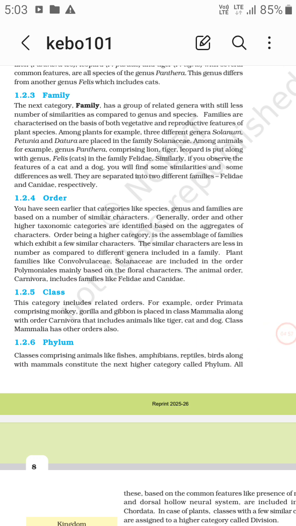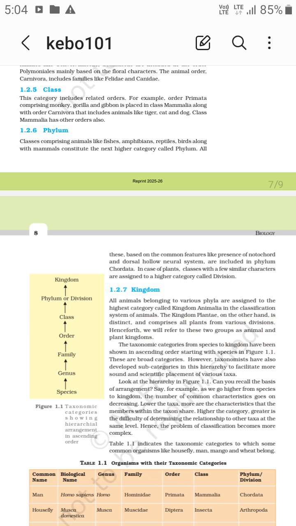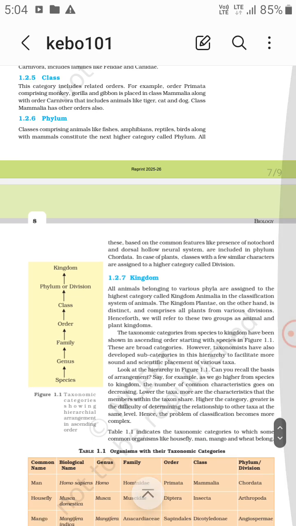In order, plant families like Convolvulaceae and Solanaceae are included in the order Polemoniales, mainly based on the floral characters. Okay, the animal order Carnivora includes families like Felidae and Canidae, right? So in phylum, classes comprising animals like fishes, amphibians, reptiles, birds, along with mammals constitute the next higher category called phylum.